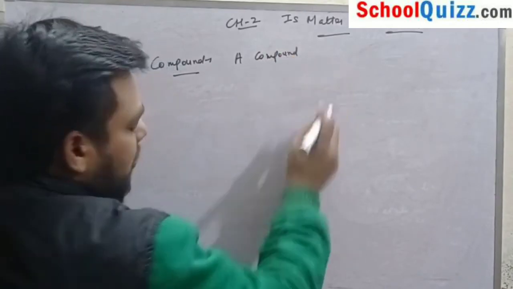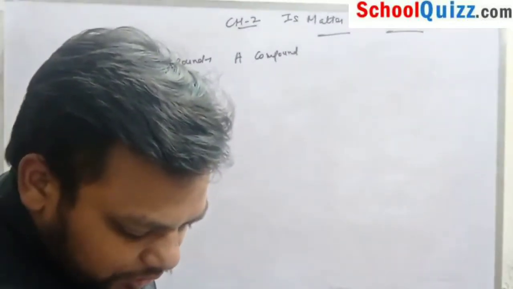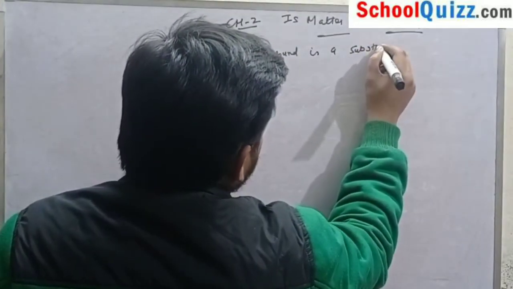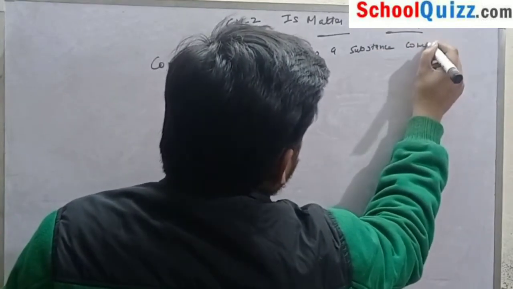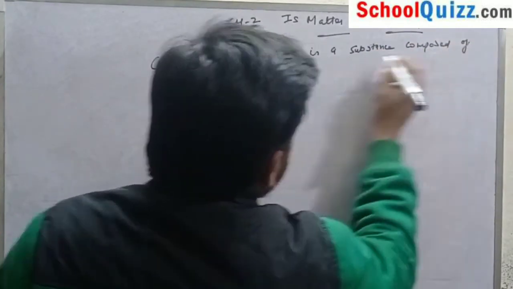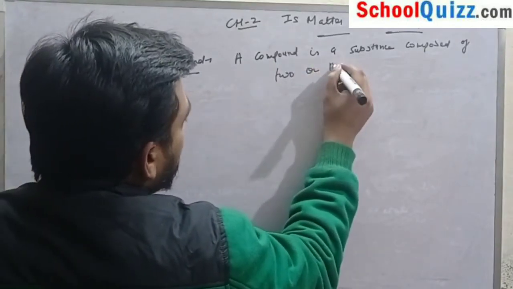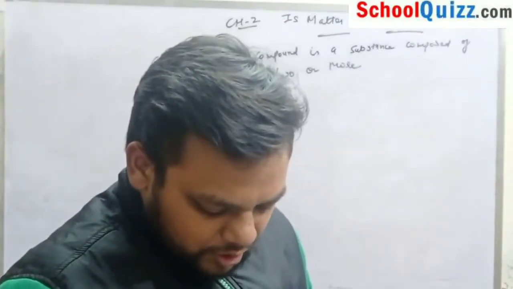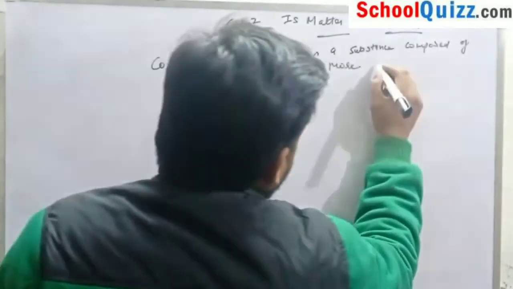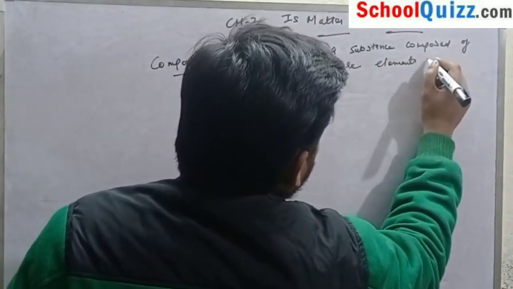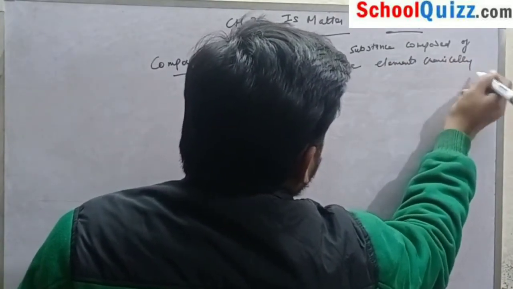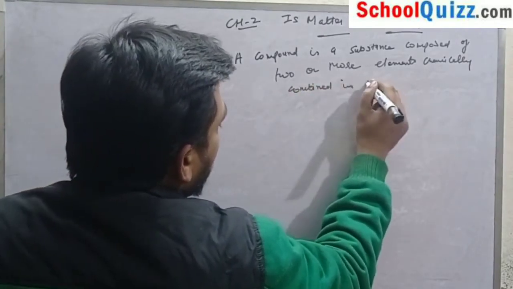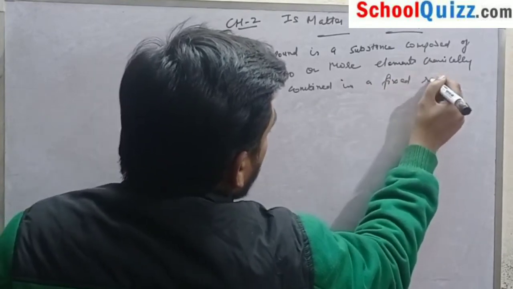What is a compound? A compound is a substance composed of two or more elements chemically combined in a fixed ratio.